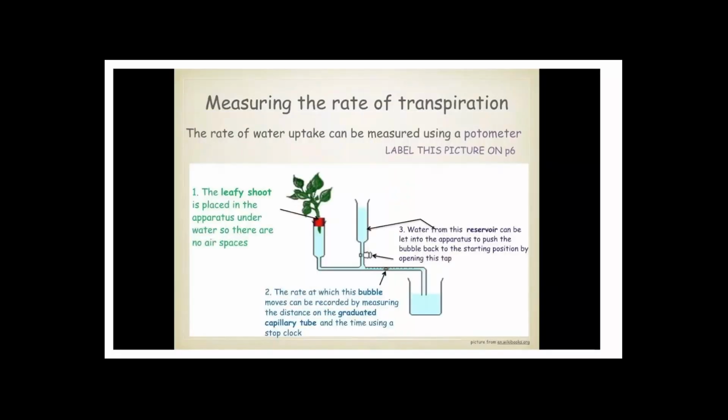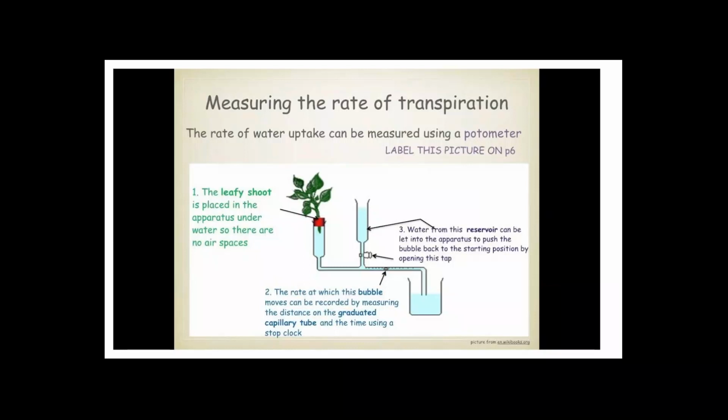And the rate of transpiration can be measured using what is called a potometer. And this structure here is called a potometer, where you have a leafy shoot and some apparatus. And you have a bubble in the apparatus.